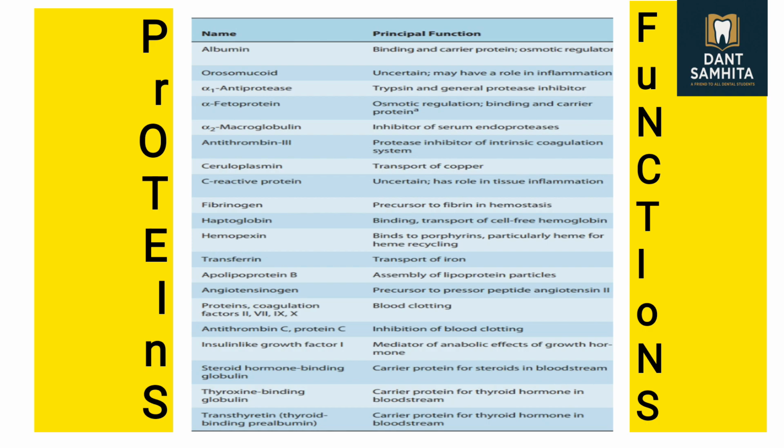Coagulation factors 2, 7, 9 and 10 help in blood clotting. Protein C is for inhibition of blood clotting. Insulin-like growth factor 1 is the mediator of anabolic effects of growth hormone. Steroid hormone binding globulin is the carrier protein for steroids in the bloodstream. Thyroxine binding globulin is the carrier protein for thyroid hormone in the bloodstream. And transthyretin, that is thyroid binding prealbumin, is also a carrier protein for thyroid hormone in the bloodstream.